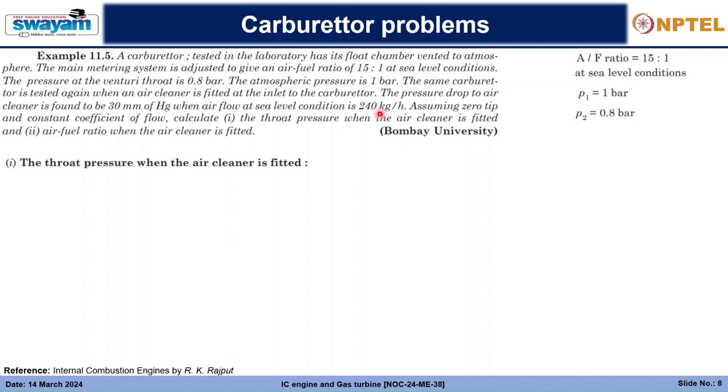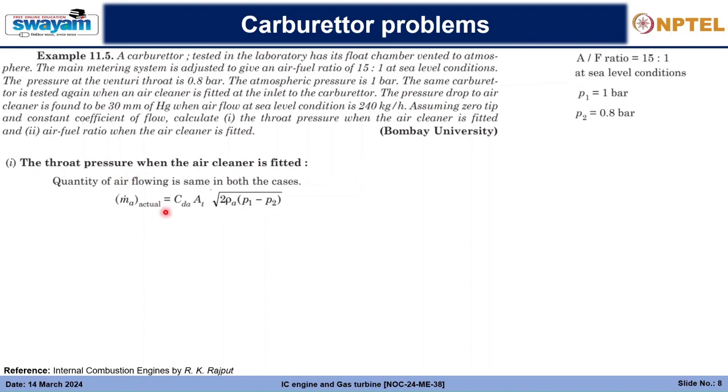We need to calculate the throat pressure when the air cleaner is fitted. So the mass of air that is flowing is the same in both the cases. That is correct. And for that, we'll simply use this particular formula, which comes from Bernoulli's equation. We can get the exact mass flow rate, and we know all the values.